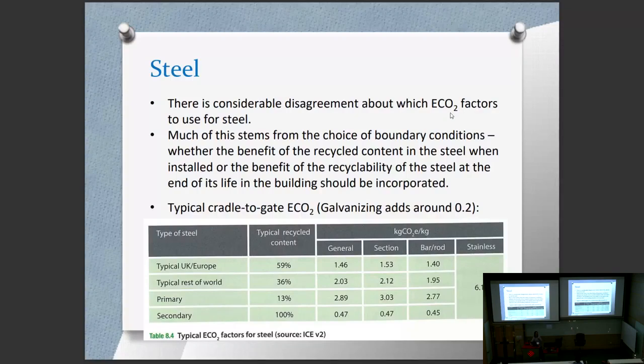So when we calculate the embodied carbon, it is already a norm to recycle the steel. So it may generate some disagreement for measuring the embodied carbon, whether to include the end of life embodied carbon or whether it is thrown away to the landfill or recycled.